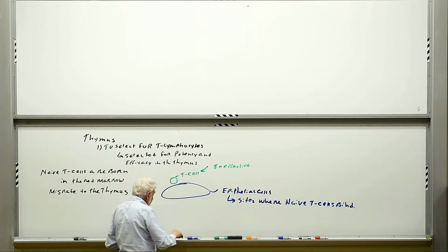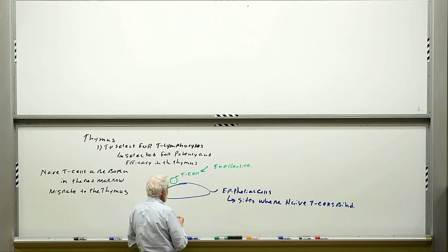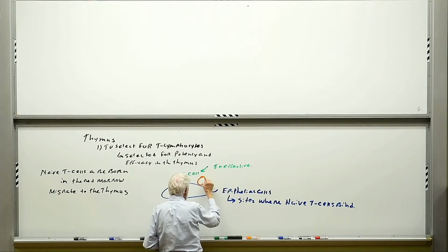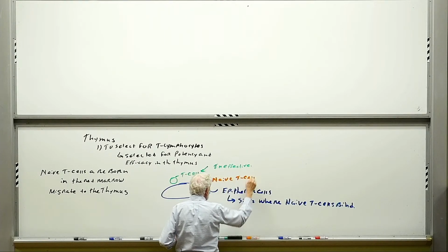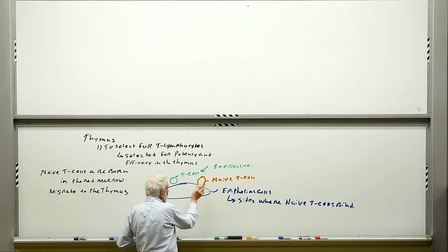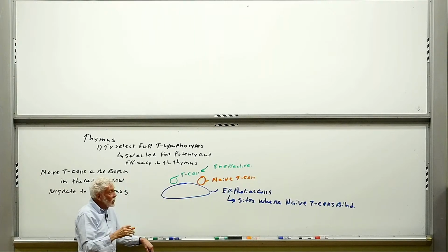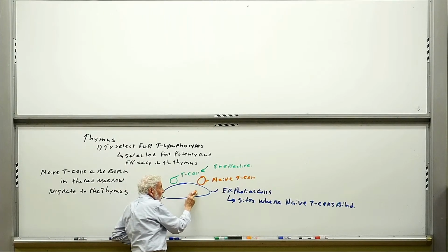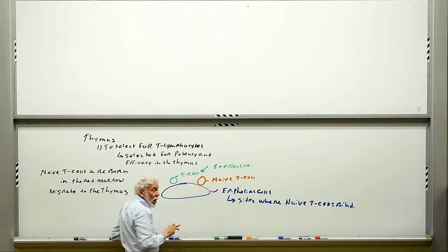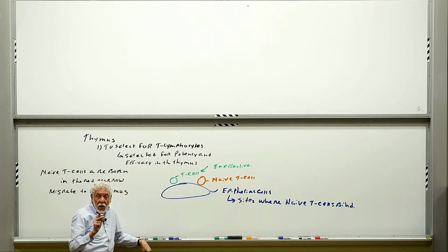But then along comes another naive T cell, and again, there's the handshake. The epithelial cell says greetings, and the naive T cell says hello. And now, again, the epithelial cell asks the naive T cell, do you have transmembrane proteins on your surface that recognize foreign proteins?